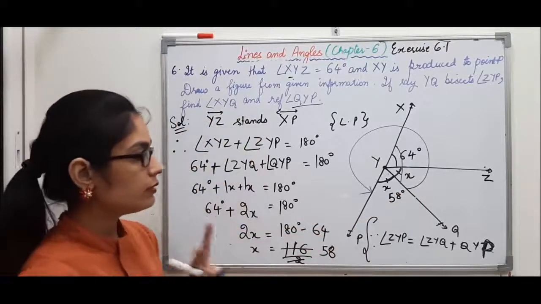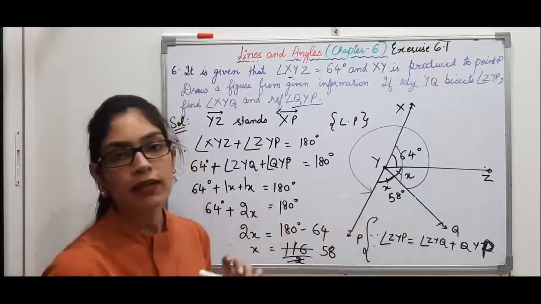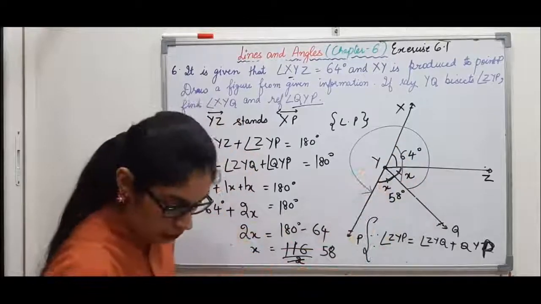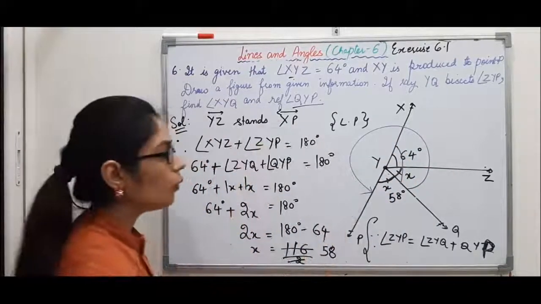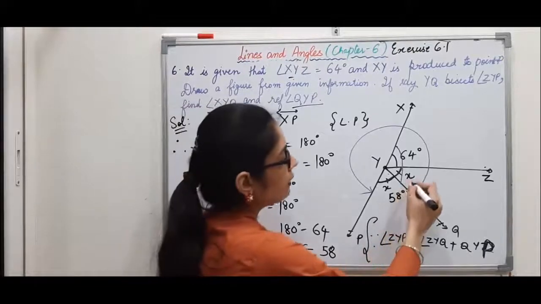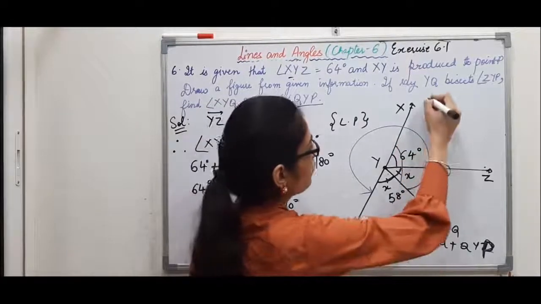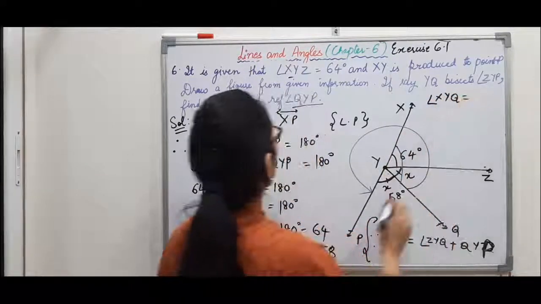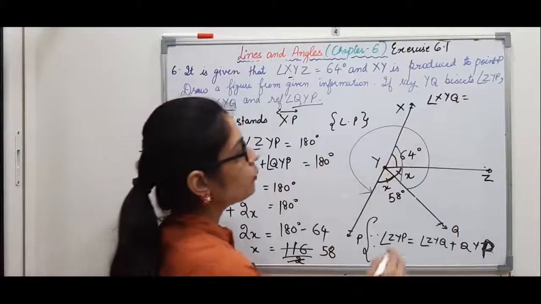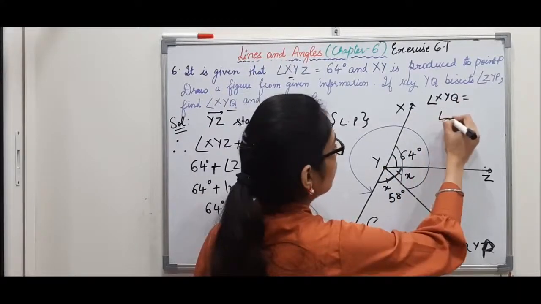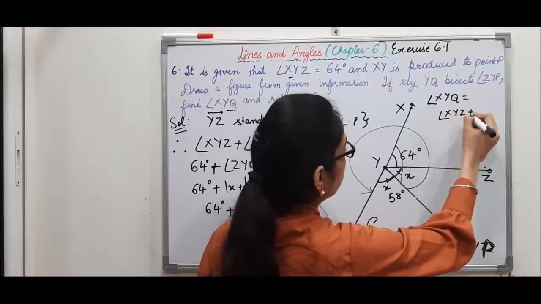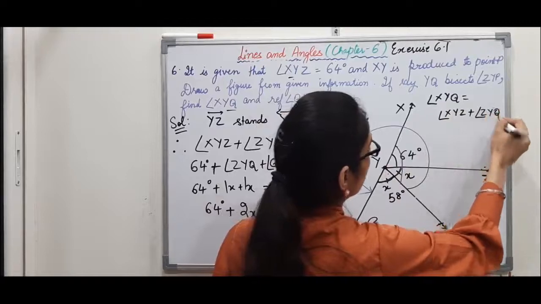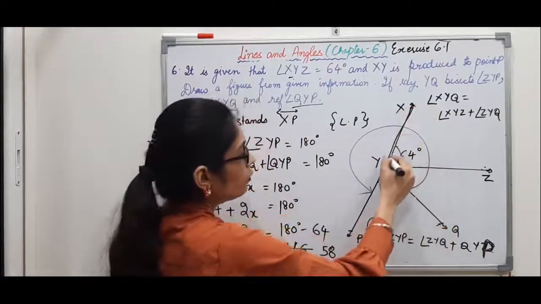Now x we have just found, and two angles we have to find. First is this one and the other one is the reflex of this angle. It's your wish which angle you want to find first. This is XYQ, this one we have to find. So XYQ is equal to XYZ plus ZYQ. You can see this is the angle which they want us to find.